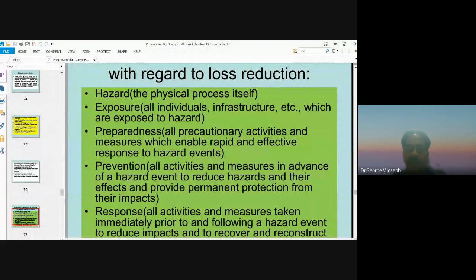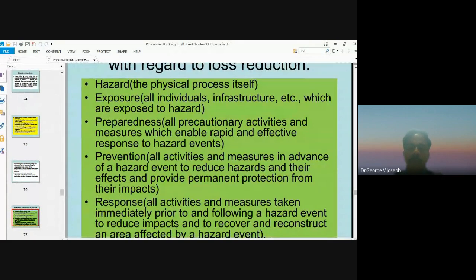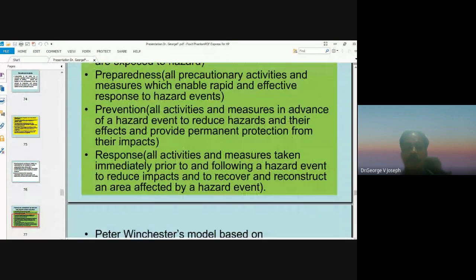It is important to look at what type of hazards are there, how many people are exposed, whether the system has preparedness plans, mock drills or training, whether this area has taken up certain preventive activities, or what type of response systems have been developed. All this changes, or affects, the vulnerabilities of the population.